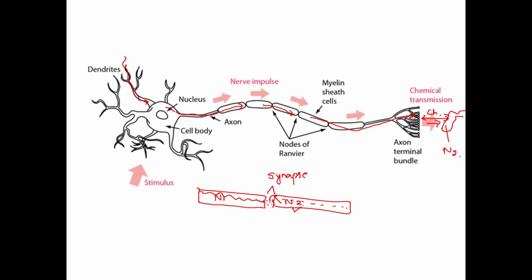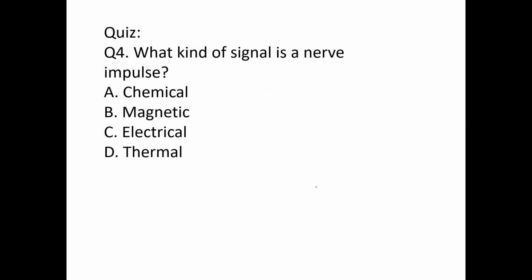This is how electrical is converted into chemical, then chemical into electrical. What kind of signal is a nerve impulse? Chemical, magnetic, electrical, or thermal? It's electrical.